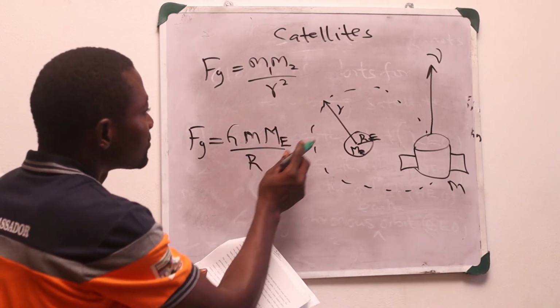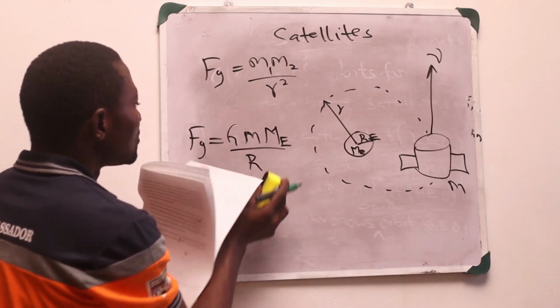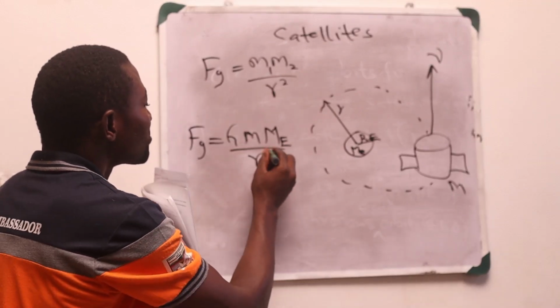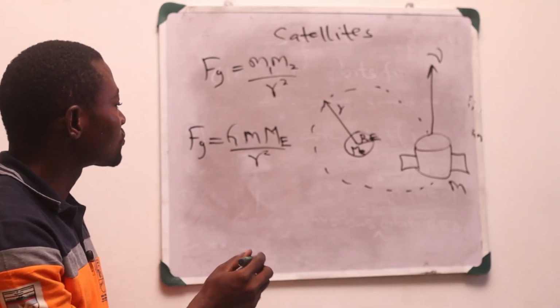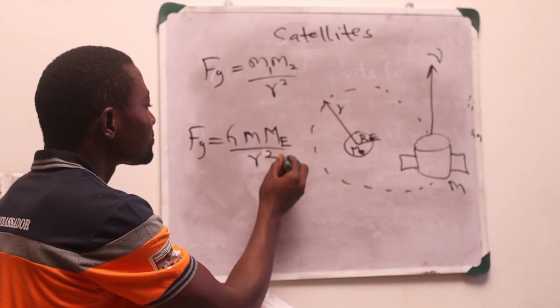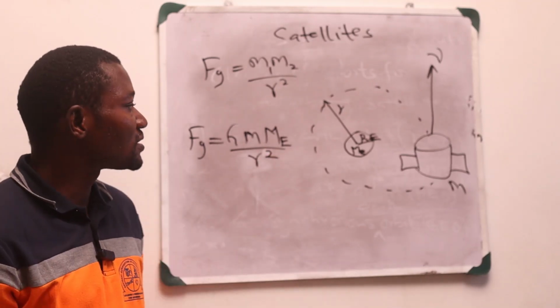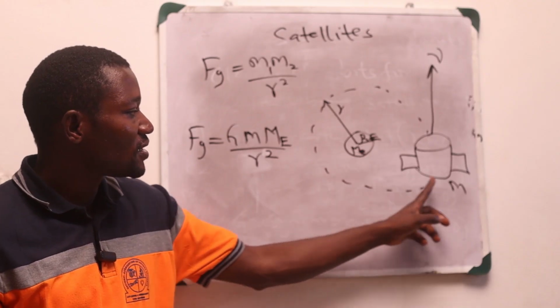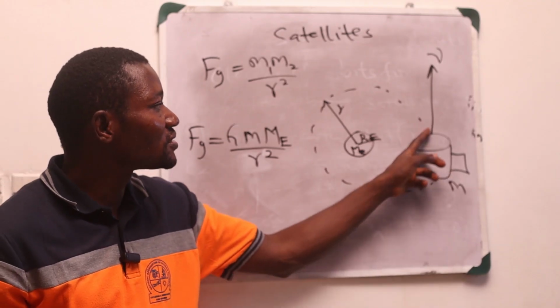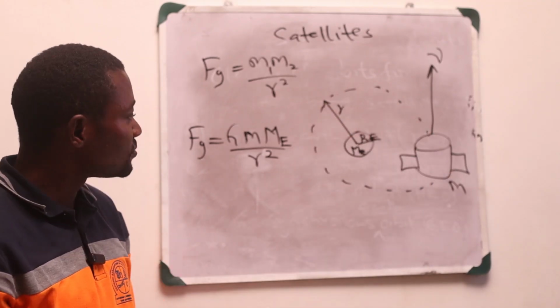So this is the distance, so we can express Newton's law of universal gravitation for two masses, the Earth and our satellite revolving around the Earth.